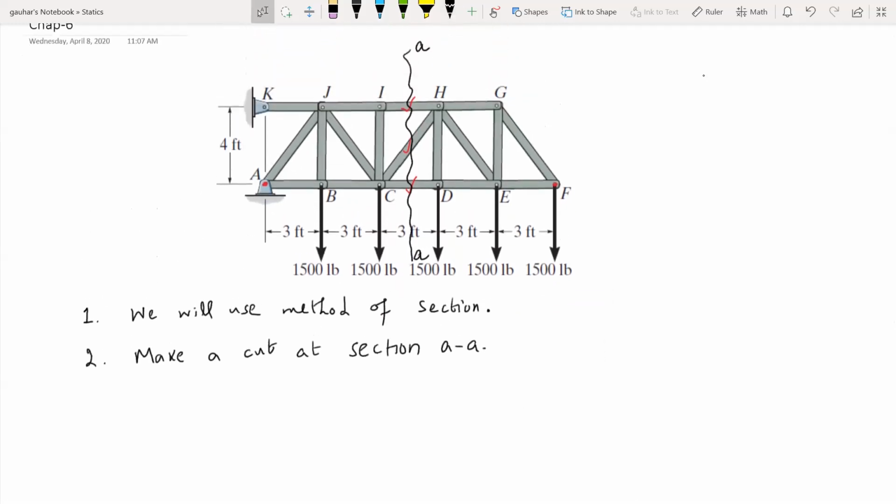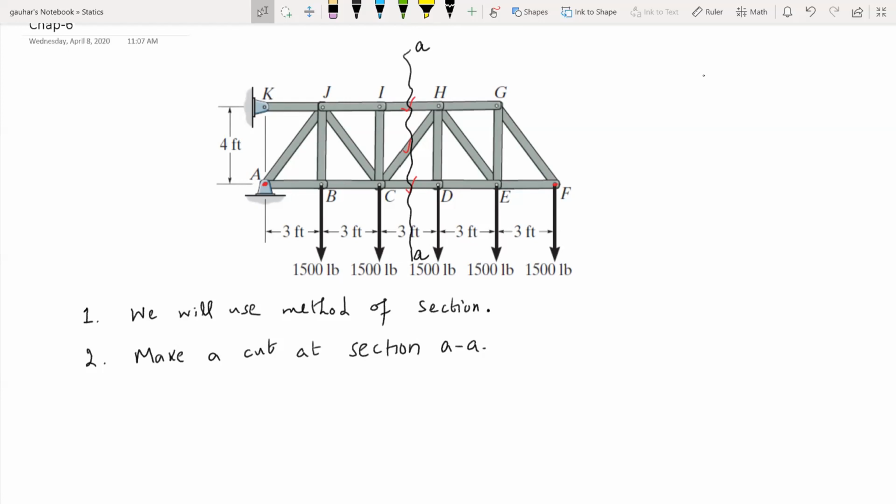The next step is to see which side of the cut we want to analyze. If you take the right side, we don't have to find support reactions, which is good. We have 3 external forces, and then we can find these 3 member forces.